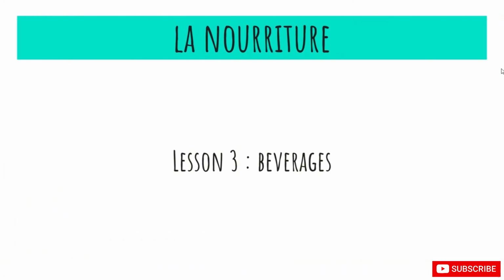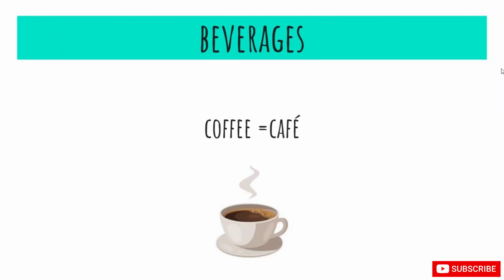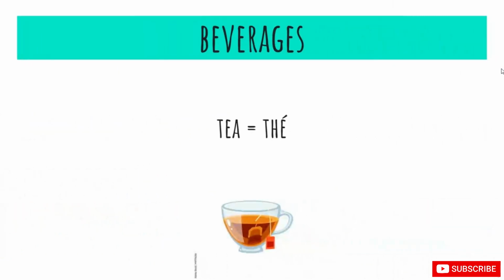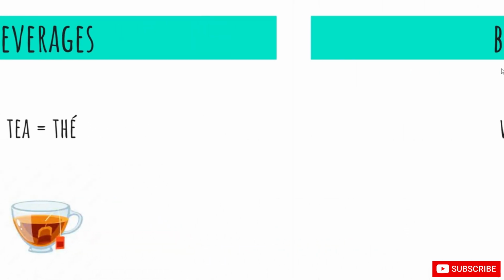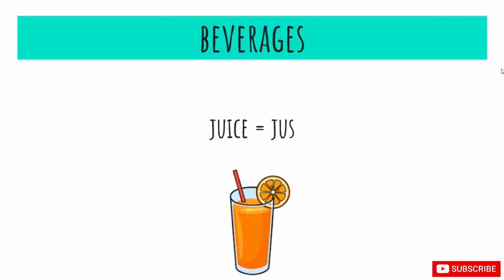Now we will talk about the beverages. First one, the coffee, it's café. You pronounce the C like it's a K, so café. Tea, it's thé, like the letter T. Water, it's eau, like the letter O. Juice, it's jus.